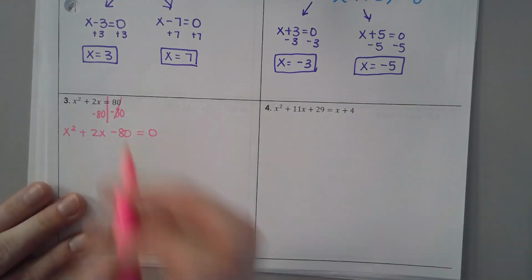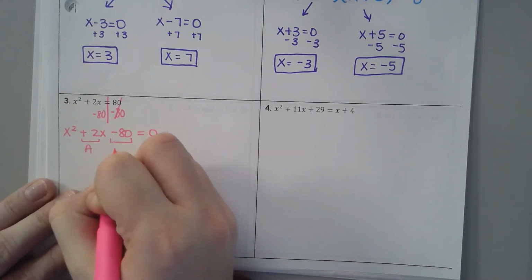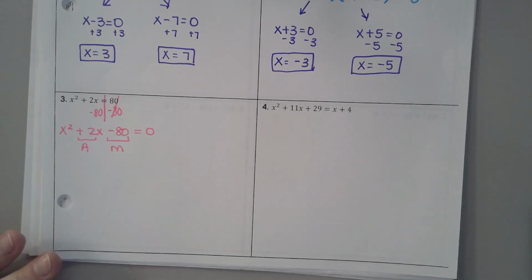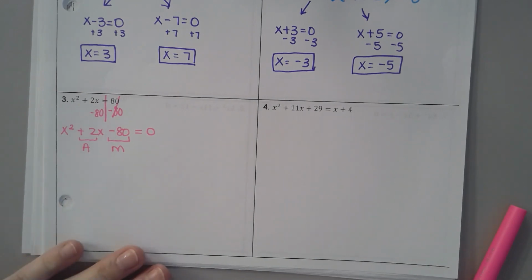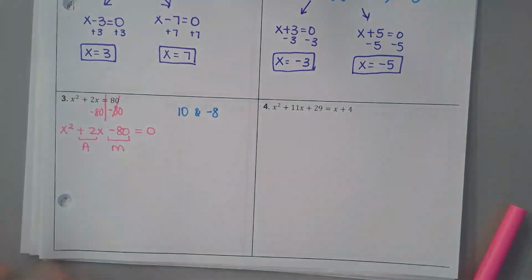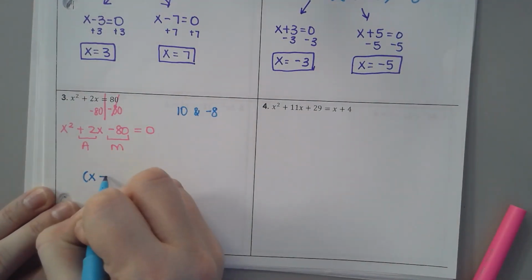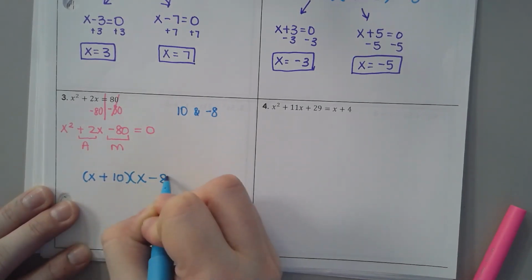So I need two numbers that add to be 2 and multiply to be negative 80. What are those two numbers? 10 and negative 8. So my factors are x plus 10 and x minus 8.